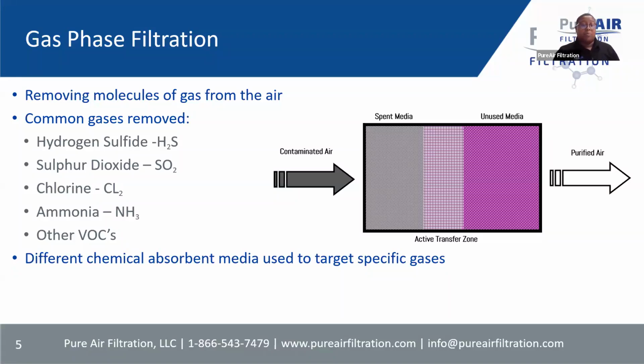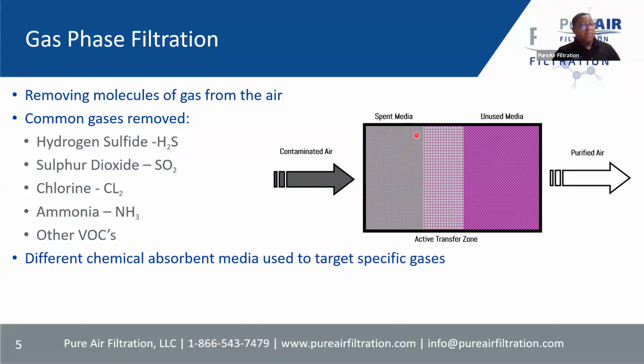Here we have a diagram that shows how gases will move through our filtration medias located in a filtration system. On the right, you'll have the inlet air coming in, and it'll come in contact with the first part of the media bed, and that's where the media will be spent first. That represents this gray area.